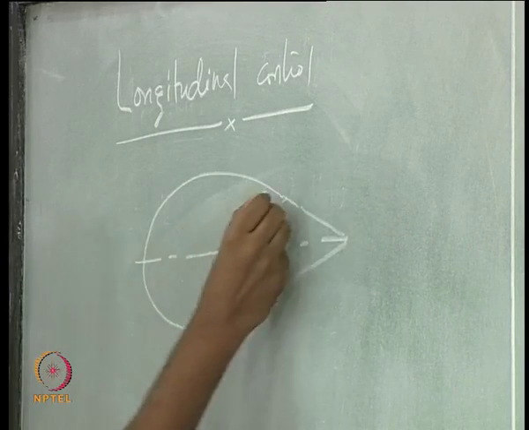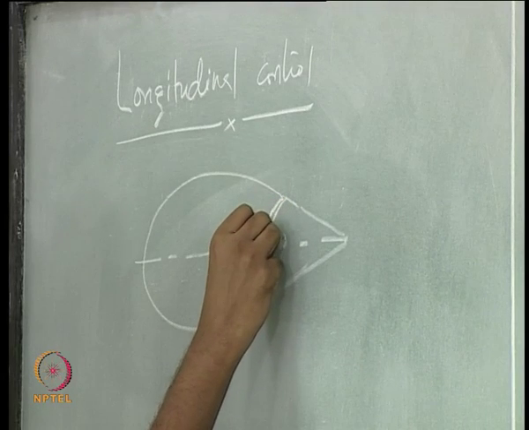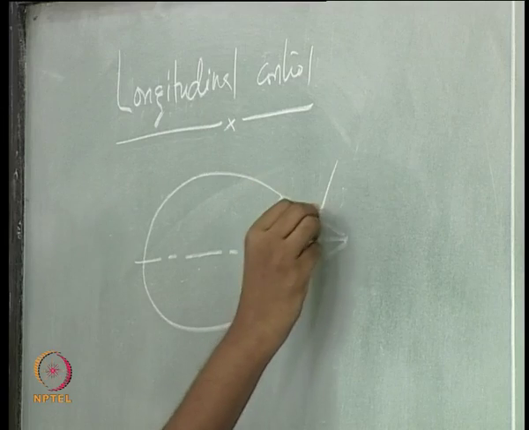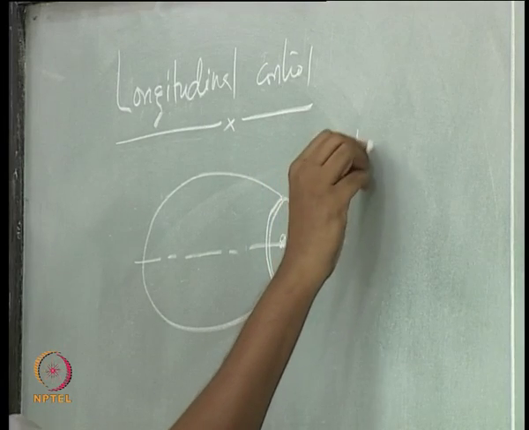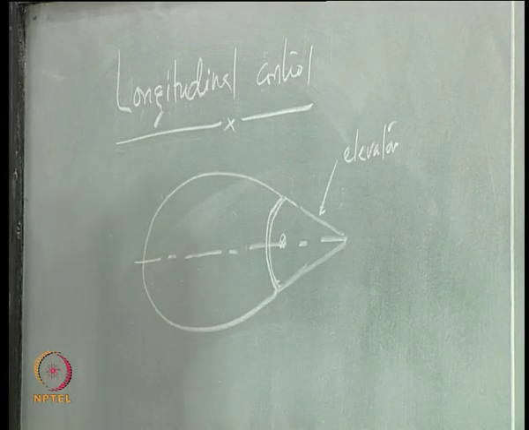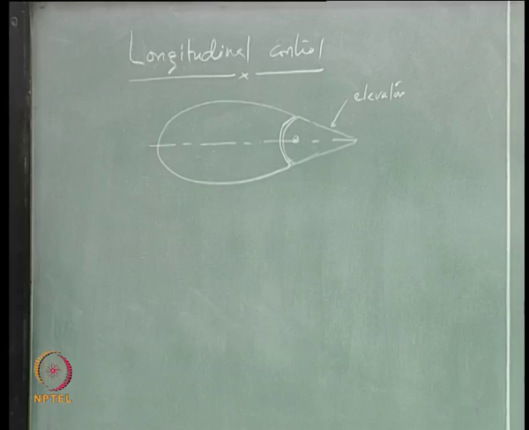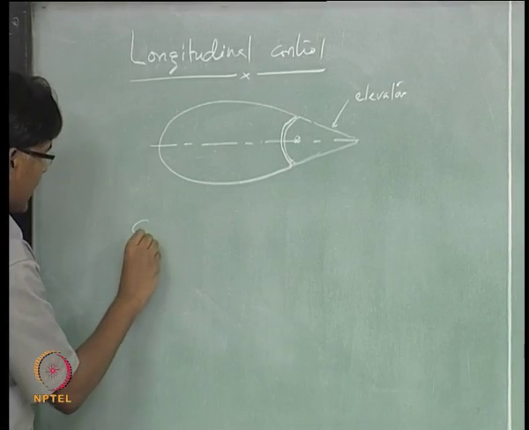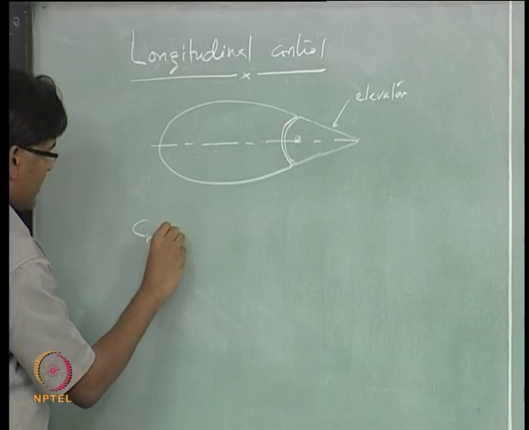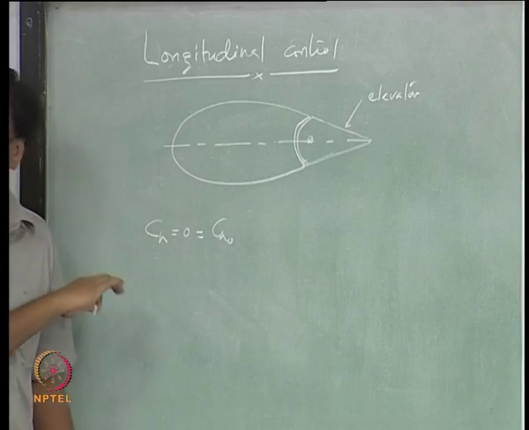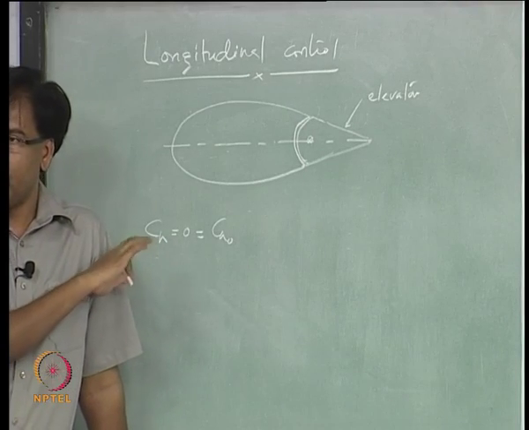So, you have this, and this is your elevator, right. So, we said that we are going to set this CH to 0, and CH naught is actually 0 for a symmetric airfoil.